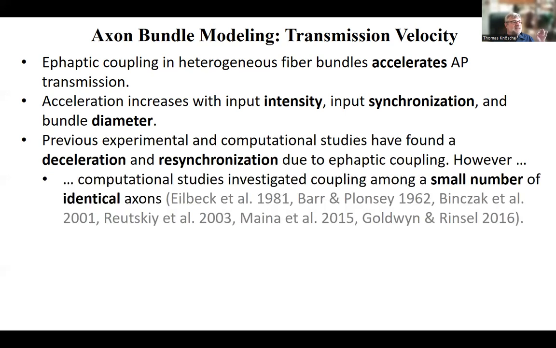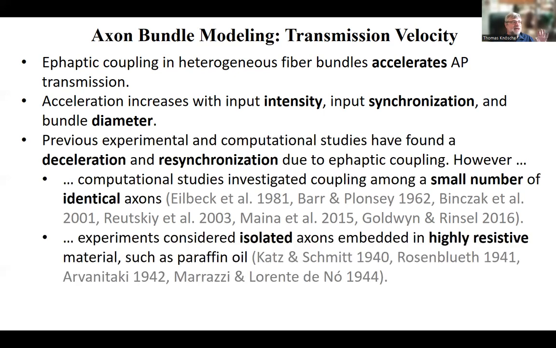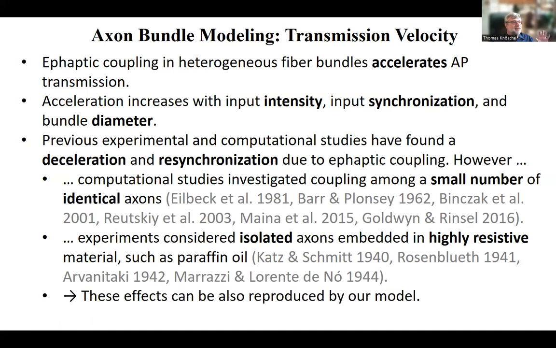But we have to consider that in those computational studies, coupling among a small number of identical axons has been considered, and in the experiments, the axons were in addition isolated and embedded in highly resistive material. And that's the difference. If we mimic these conditions in our simulations, we can also reproduce these results.